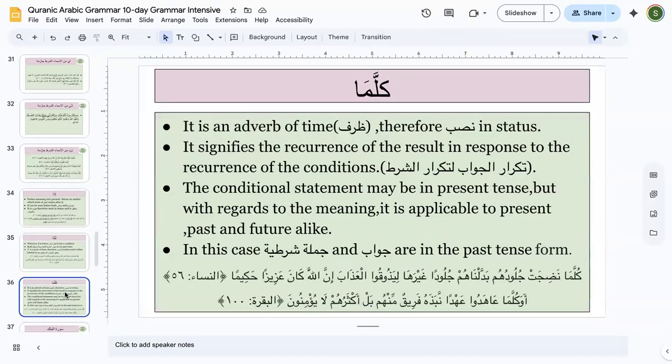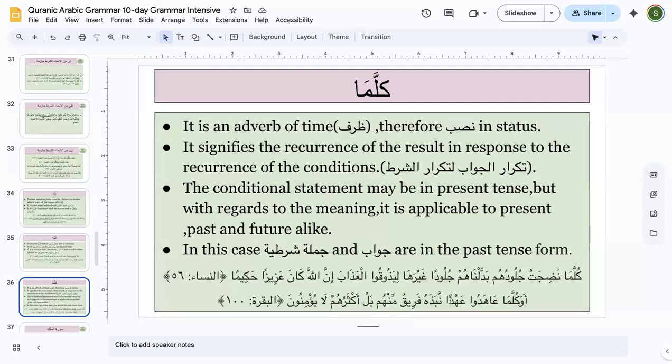When it comes to kullama, it is a type of shart ism, which is a zarf zaman, and it signifies the recurrence of the result in response to the recurrence of the condition. The things are happening over and over again.